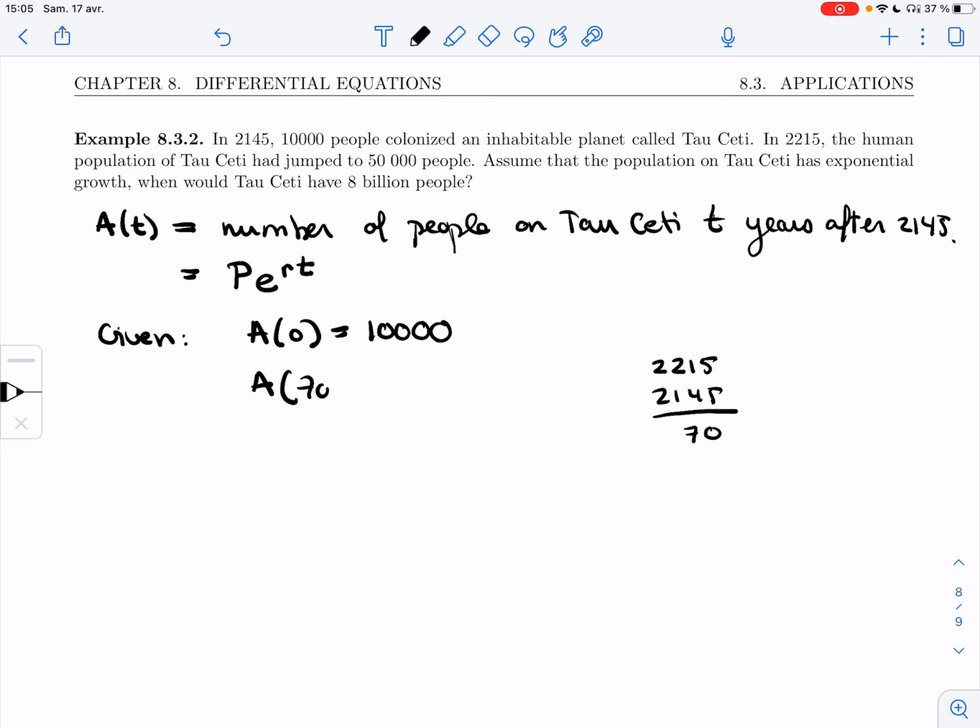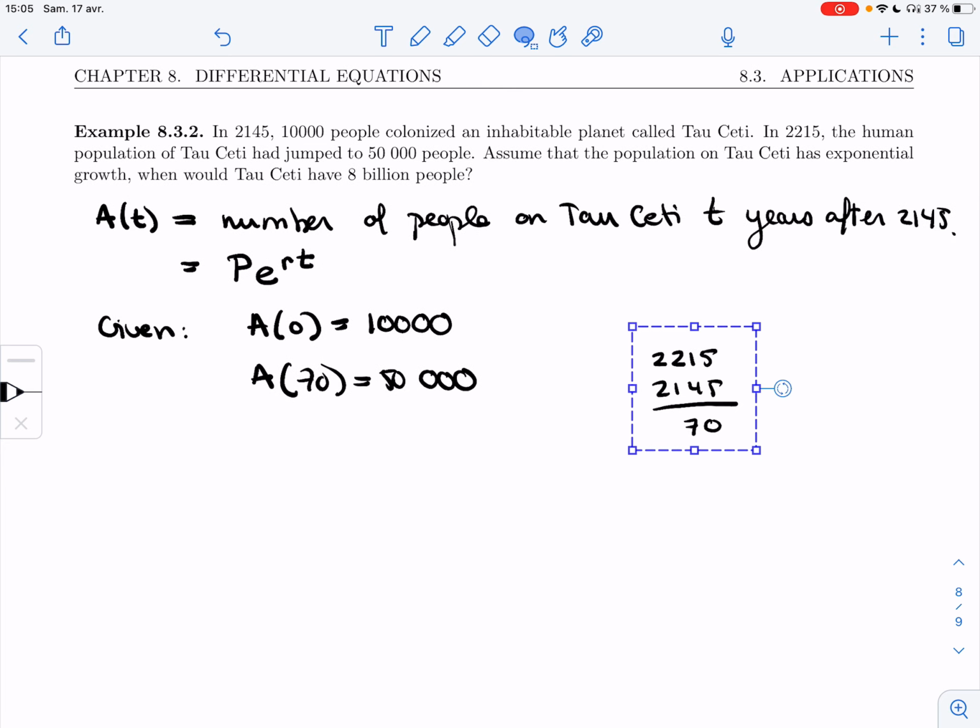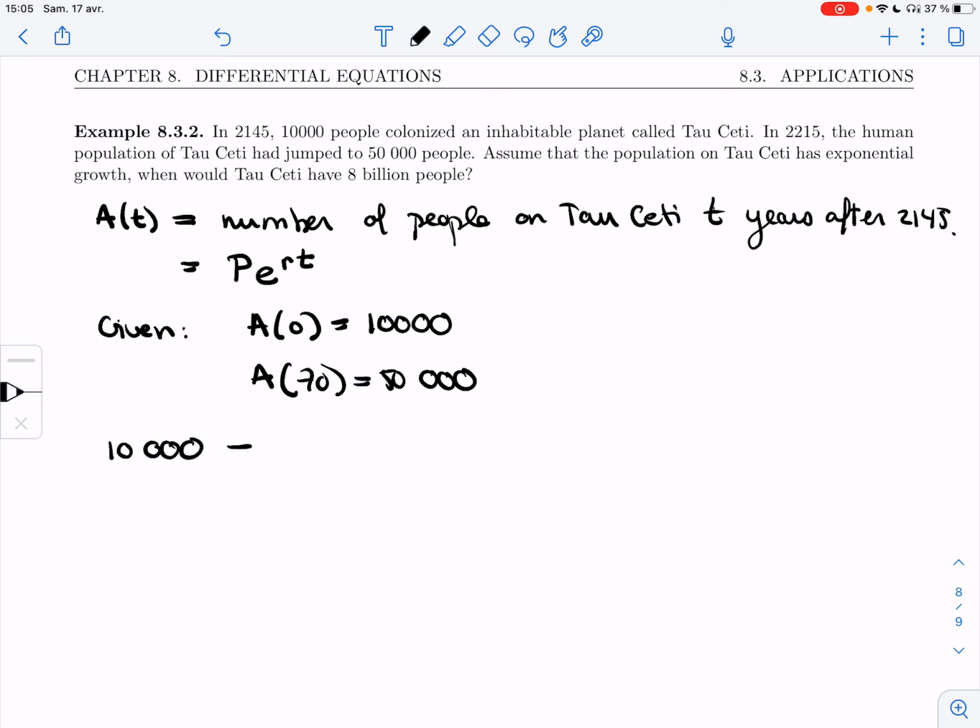So A of 70 is 50,000. All right, so 10,000 is P e to the r times 0. It's just P. So that really helps us get started. That's part of the reason I wanted t after year 2145. That makes finding P super easy.